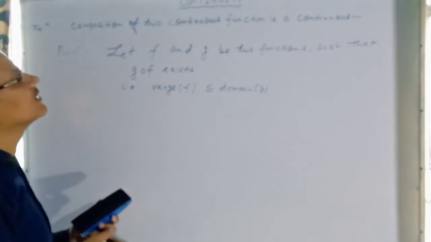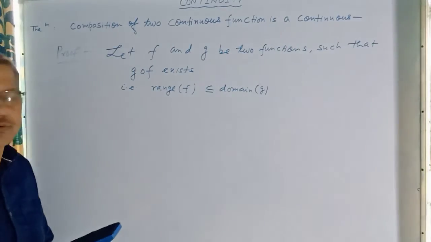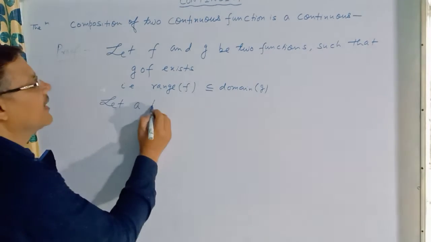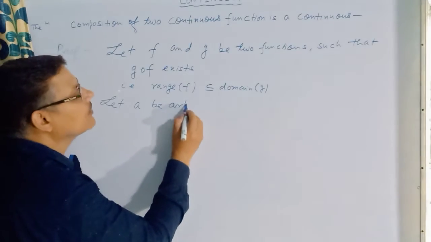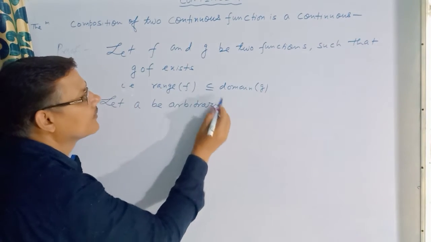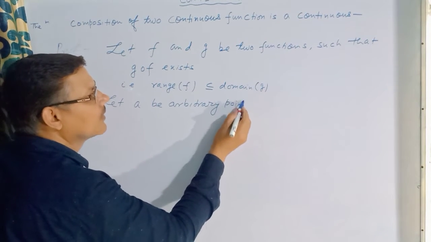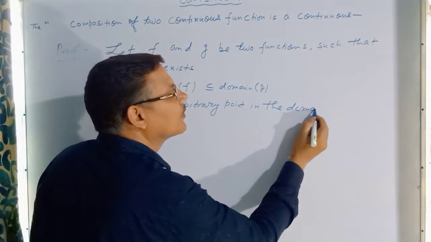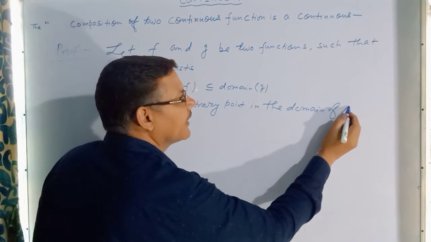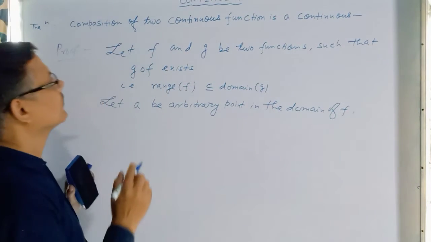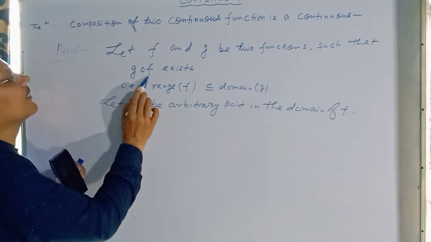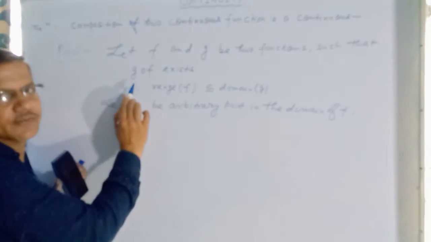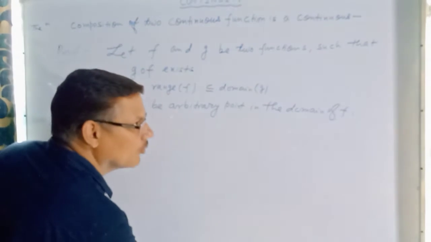Now let's take the point. In which way do we take the point? So I start, let a be any arbitrary point in the domain of f. Since we deal with g composition f, that's why we take a in the domain of f.